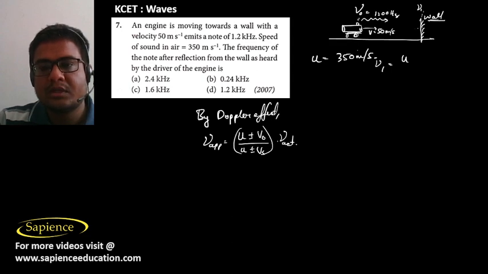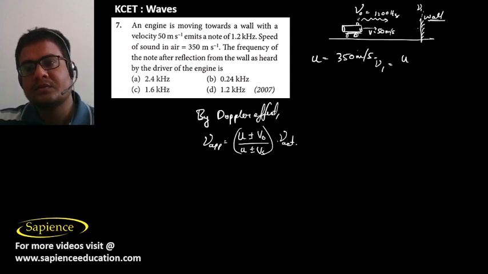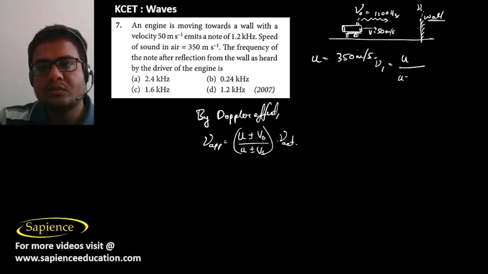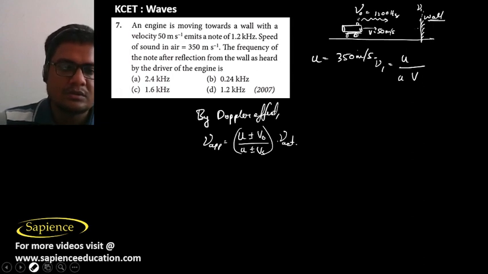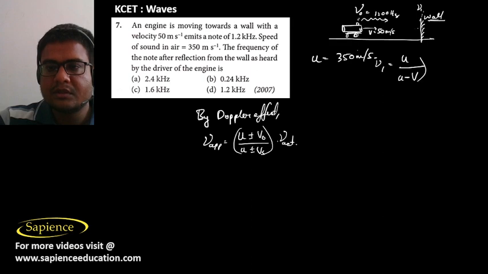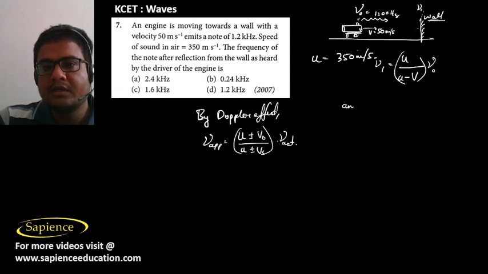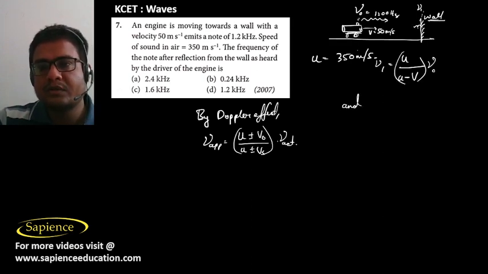So this will be u by u minus v, since the source is moving towards the observer, so the frequency has to increase. This will be u by u minus v into nu naught.